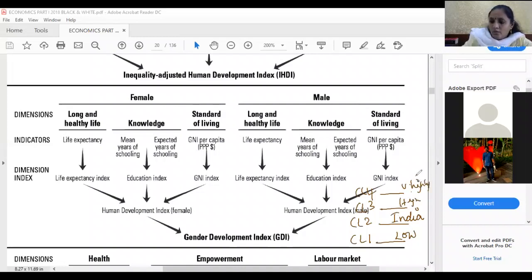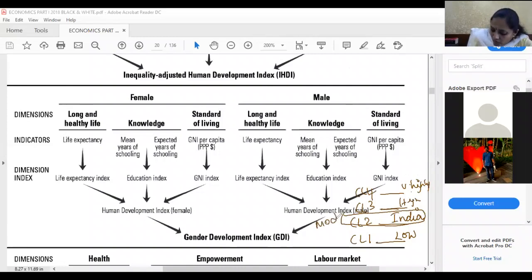Let me finish the example, then you can ask your doubts. When you have these 4 categories, you have fixed India into the second category, which is moderately developed, the second classroom.